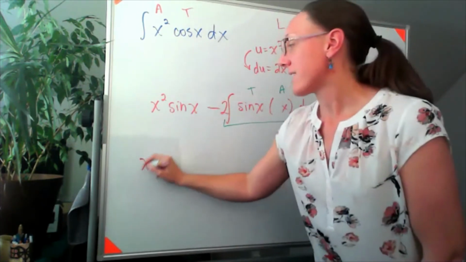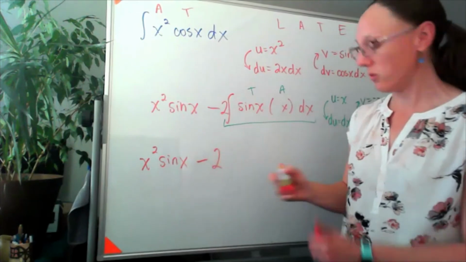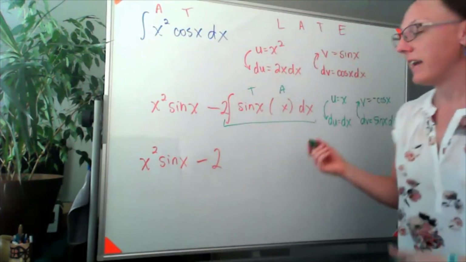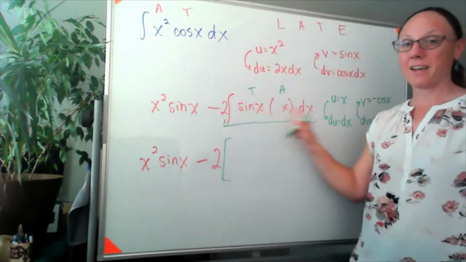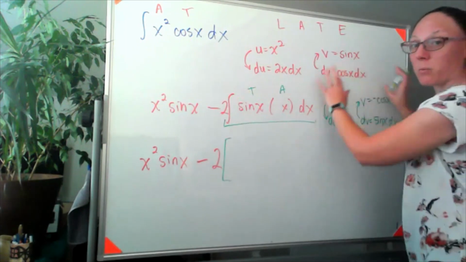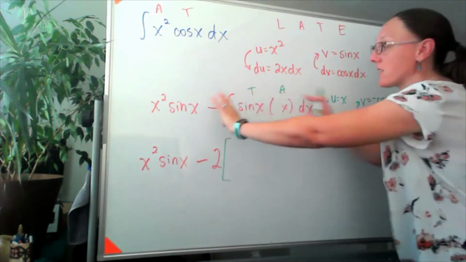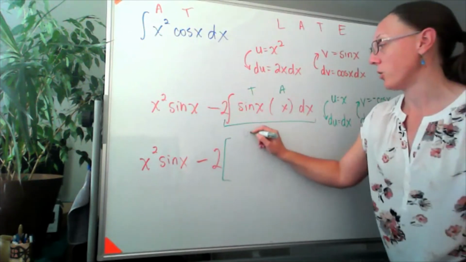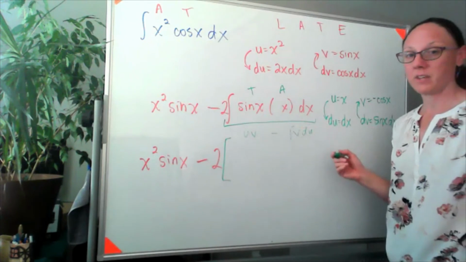So I've got x squared sine of x minus 2 times, and now I'm going to give myself some big brackets. That 2 applies to this entire integral. And this entire integral is what we're replacing with ultraviolet voodoo. This entire integral is what we're replacing with uv minus the integral of v du.